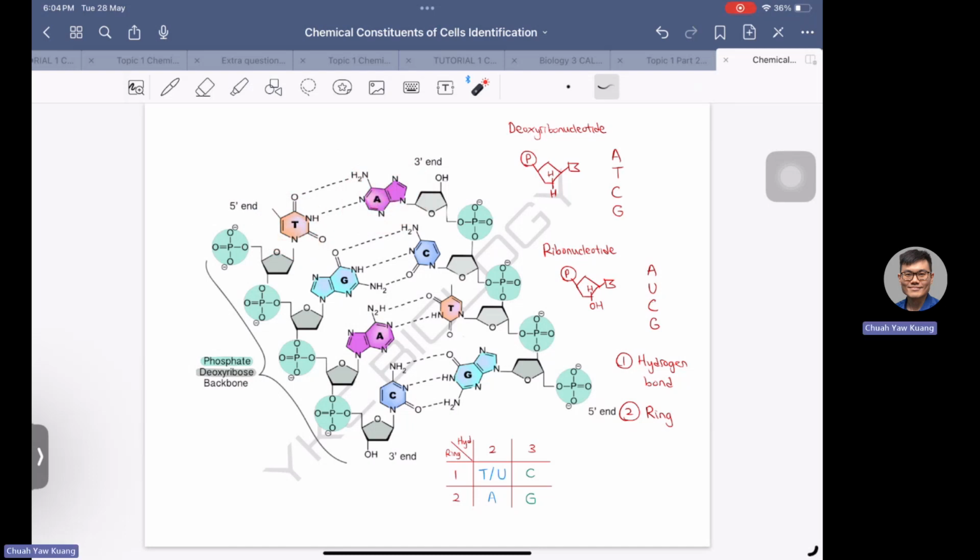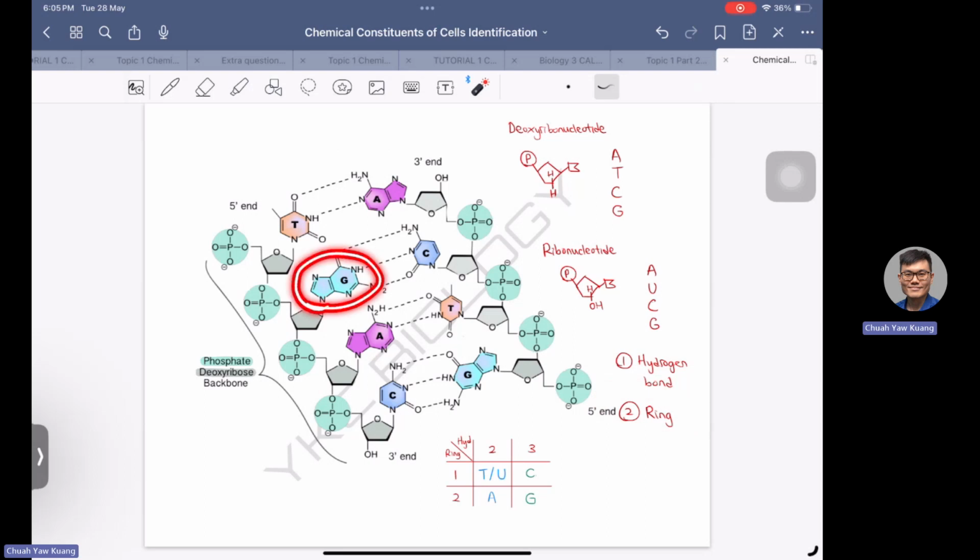Then next we look at those that can form 3 hydrogen bonds. If you see 3 hydrogen bonds, then these must be cytosine and guanine, C and G. So which one is C and which one is G? Same thing, go for the second step and look at the ring structure.